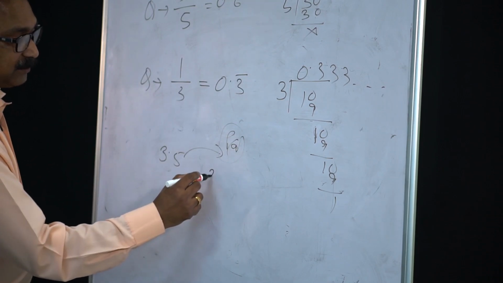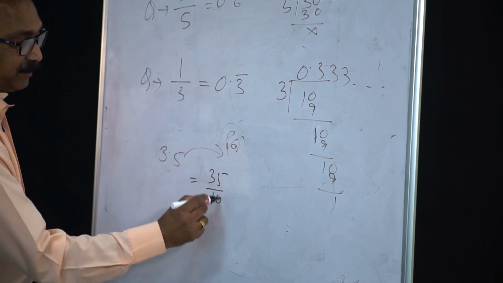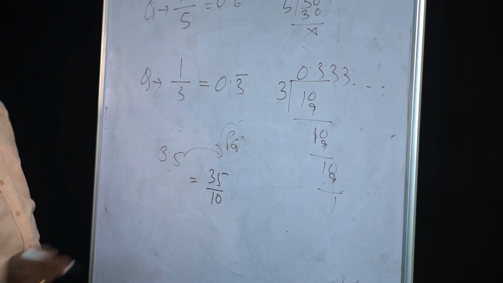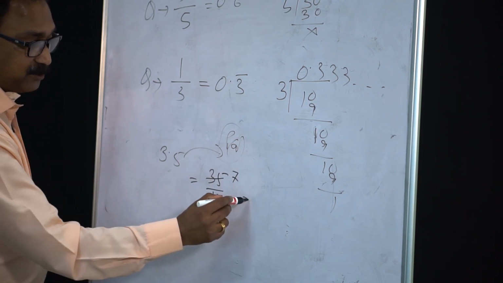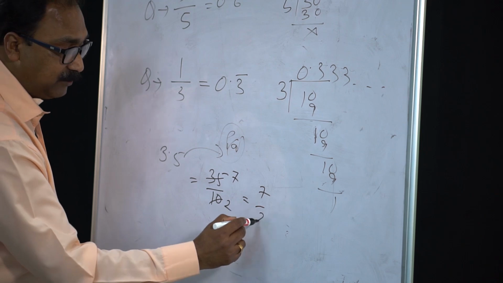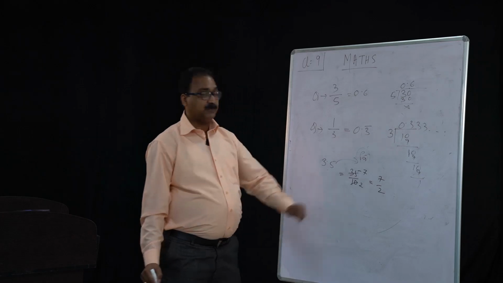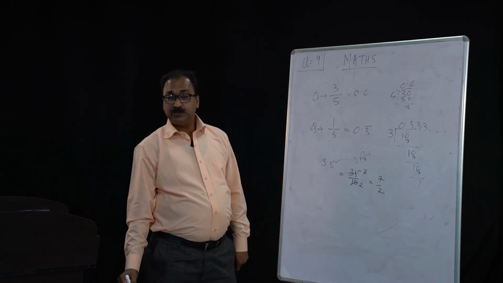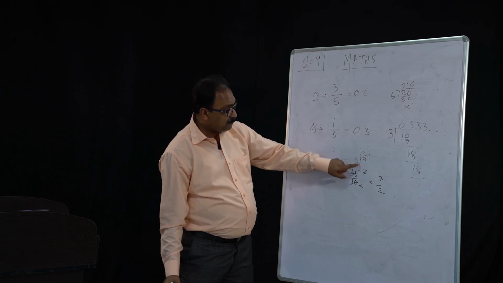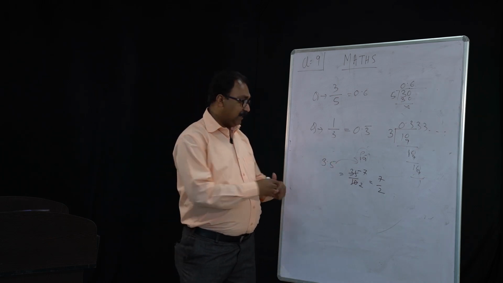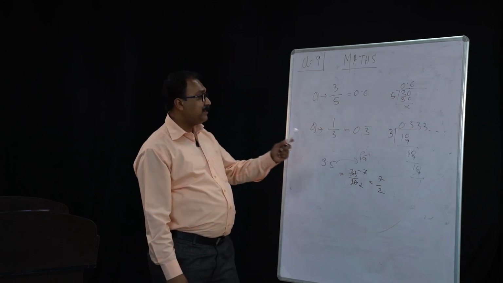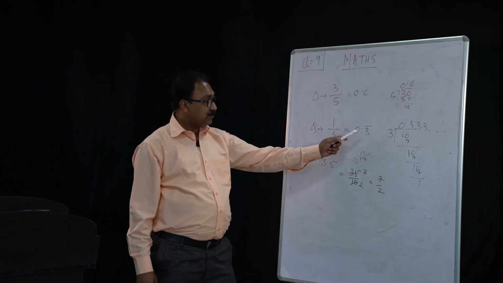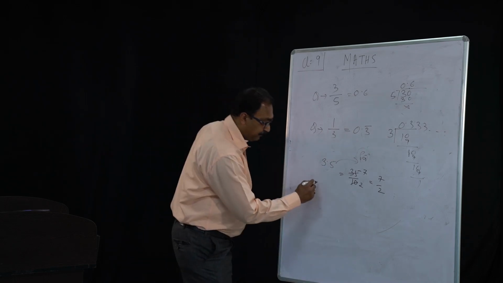I write 35 by 10, removing the decimal, and cancel: 5 sevens are 35, 5 twos are 10. What do you get? 7 by 2. Is 7 by 2 in the form p by q or not? Yes. So a terminating decimal can be changed into the form p by q. Now my question is, how can we change this into this? I am writing such numbers here once.